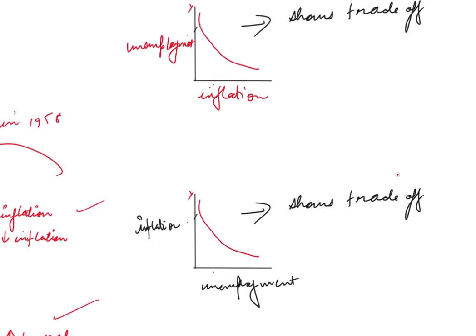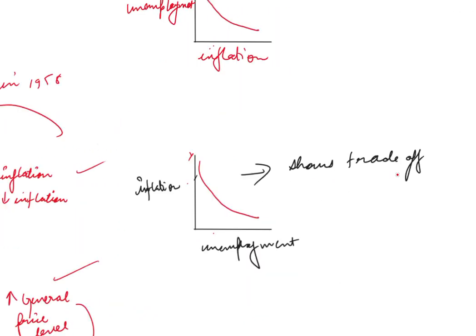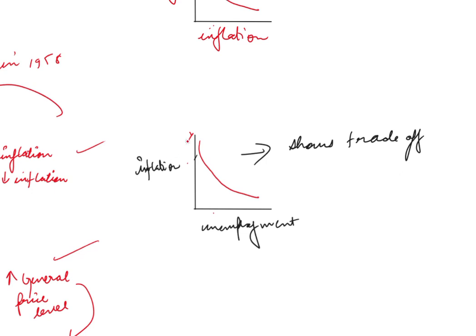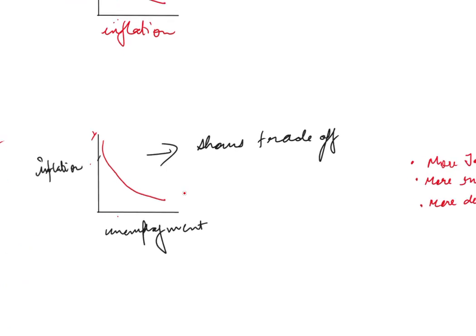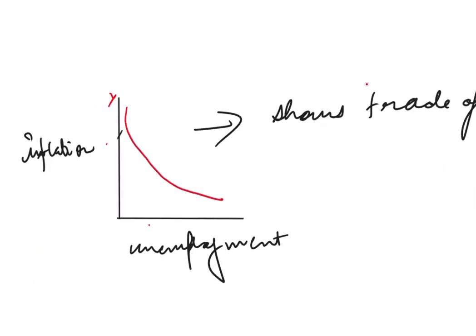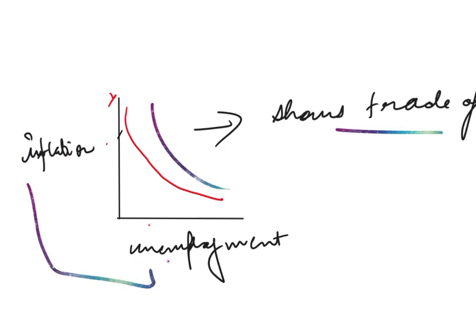Now this graph represents the Phillips curve. On the y-axis we have inflation and on the x-axis we have unemployment. The downward sloping curve is showing the trade-off between these two, inflation and unemployment.